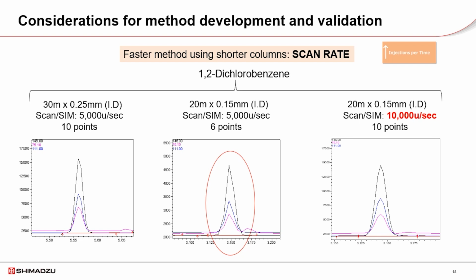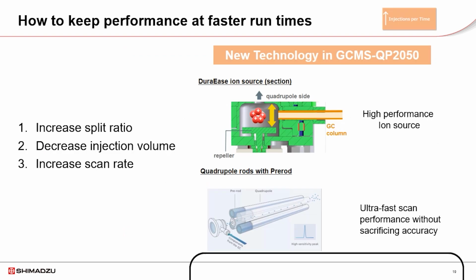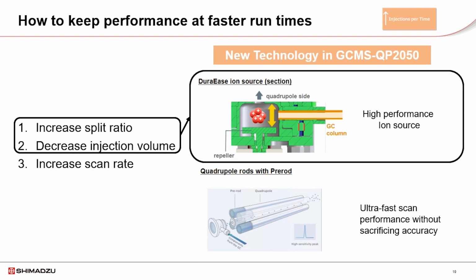There are 2 points to develop the method: how to contribute by the latest cutting-edge GCMS technology. To keep sensitivity between the conventional method and the faster method, high-sensitivity instruments are required because we need to reduce injection volume due to column capacity.